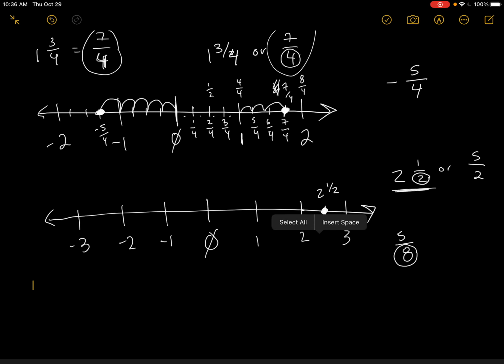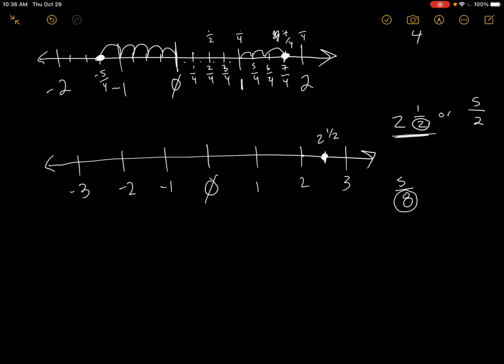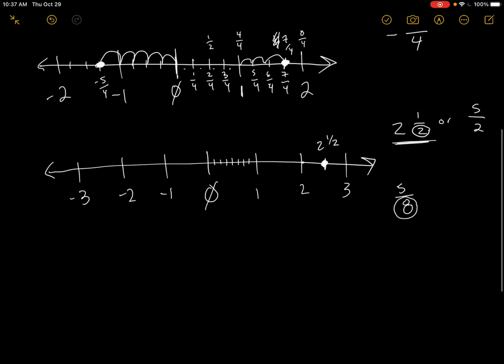So 7 tick marks to break it apart into 8 sections. Then we just count 1, 2, 3, 4, 5 right here. So this is our 5/8. But this is why I like to only draw the tick marks where I need it, because in the last instance I only needed to split it into 2. In this instance I needed to split it into 8 parts.